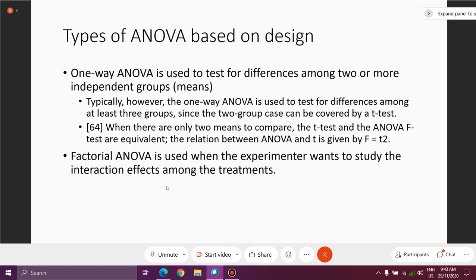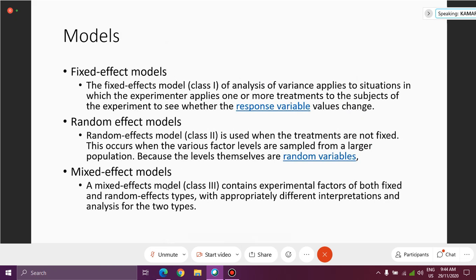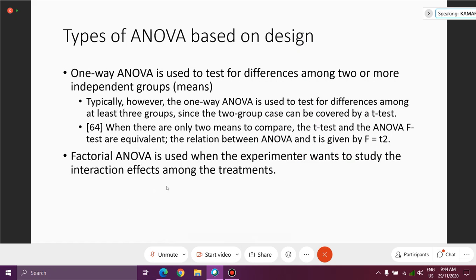All right. So, types of ANOVA based on design, this is the design of the study. Just now was the types of ANOVA based on models, and this is types of ANOVA based on the design of the study.